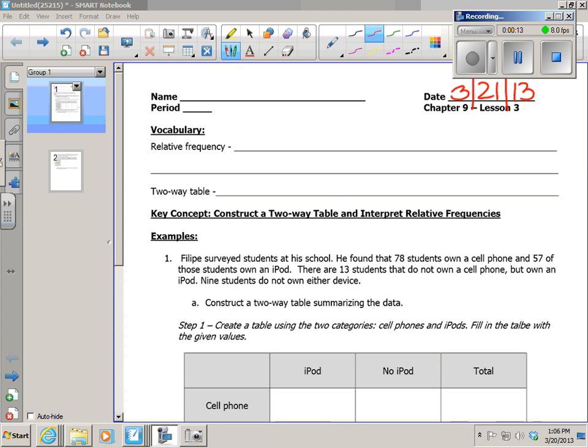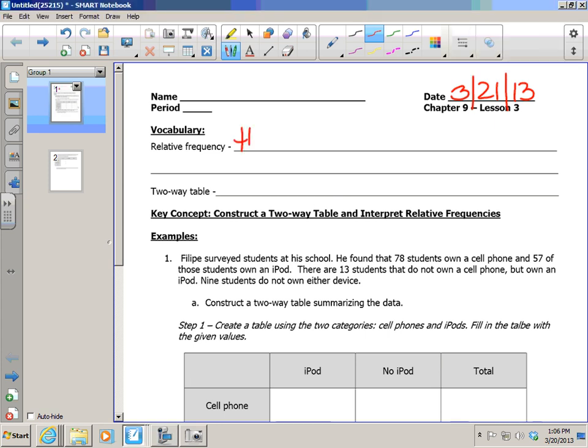Your first vocabulary term is relative frequency, and it's the ratio of the value of the subtotal to the value of the total.